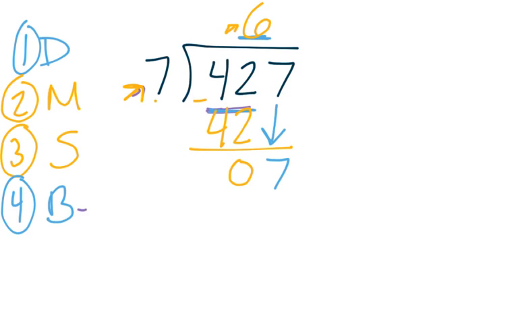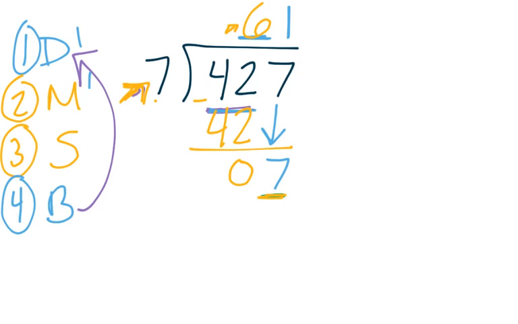Now, I have to repeat and go back up to division again. I am focusing on this 7 right here, or whatever I had left down after I subtracted and I brought down. I have to divide. 7 divided by my divisor of 7. 7 divided by 7 is 1. That was my division.